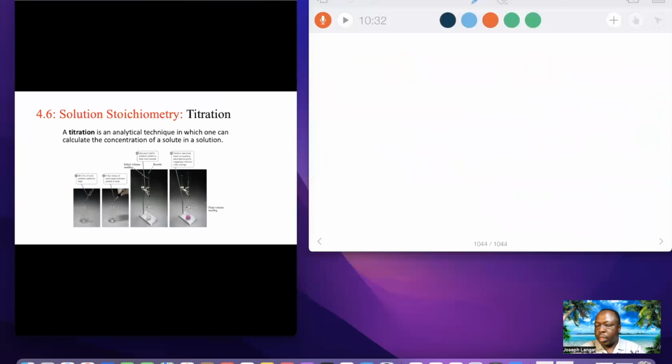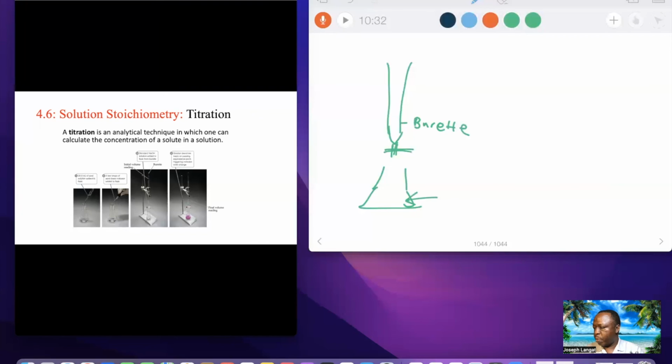Now, let's see, look at the solutions document in titration. Titration is an analytical technique in which one calculates the concentration of the solute in another solution. So in titration, this is a stopcock, this is a burette.